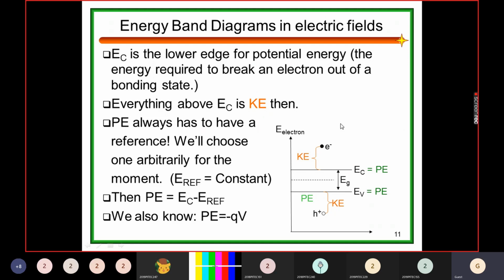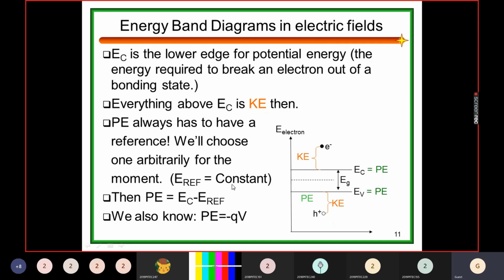From this reference value only, we are going to determine whether the electrons and the holes are changing with respect to each other. If the electrons and holes are not changing with respect to each other, that is not a problem. But we know that the electrons and holes are changing with respect to each other. That's why E reference in this case will be given as constant.